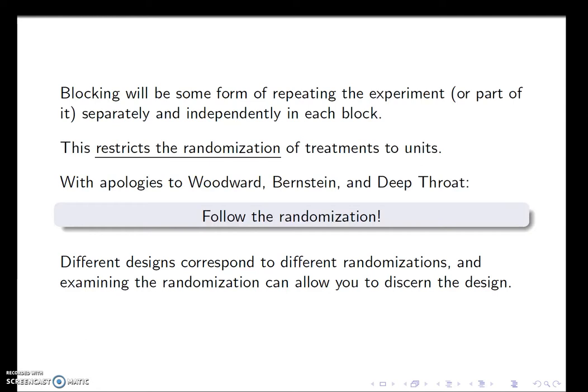Follow the randomization. It's follow the money from Watergate. But we must always focus on that randomization. So different designs correspond with different randomizations. And following the randomization can help you understand the design. And this is really important and something that maybe isn't going to come real easy for everybody to do.